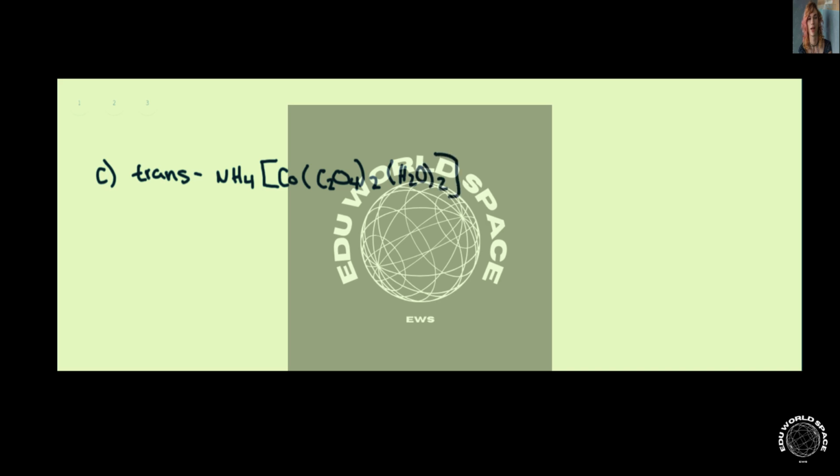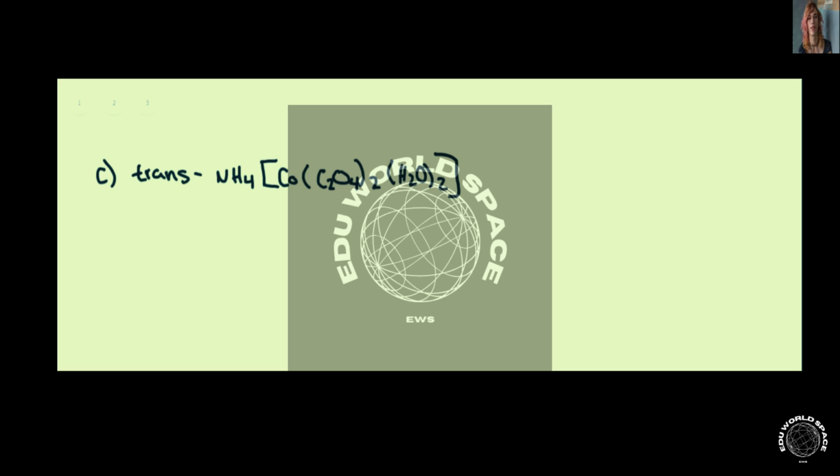Close. So we again know that this cobalt is going to be octahedral because it has 2 waters and then this 2 oxalato ion that is a bidentate ligand. And so there's going to be 6 things attached to this cobalt.